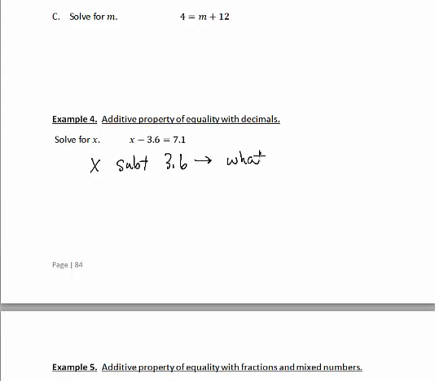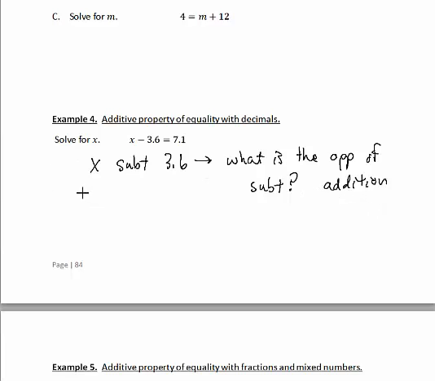What is the opposite of subtraction? Well, it's addition. So in other words, to solve this equation, we simply want to add the number instead of subtract it on both sides.